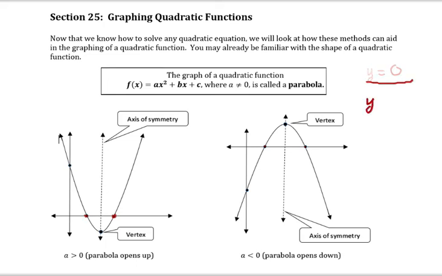Since y is given by f of x, y values are found by plugging in the x values to the function, and since our function f of x equals ax squared plus bx plus c, if we set this equation equal to 0 and solve it, the values we find will be the x-intercepts of these graphs. So we might have two x-intercepts. In some cases, we might get just one x-intercept or no x-intercept.